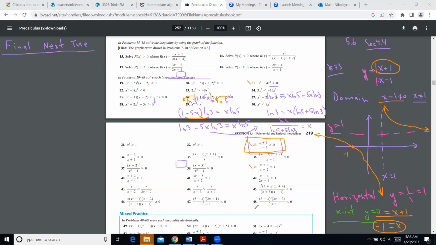So how can I work that out? The inequality, again, the same, x plus 1 over x minus 1, is now going to be greater than 0. So this is the same as y being greater than 0, or considering everything above my x-axis.